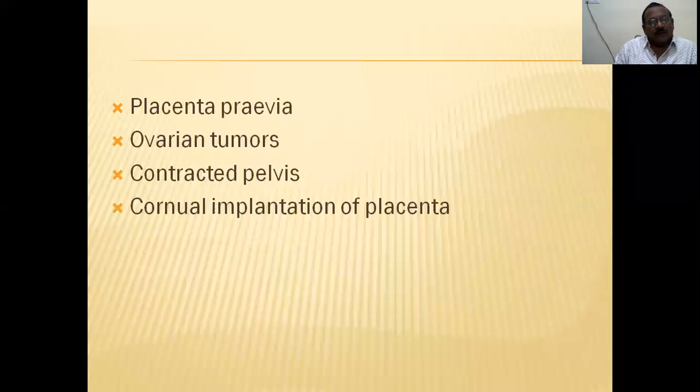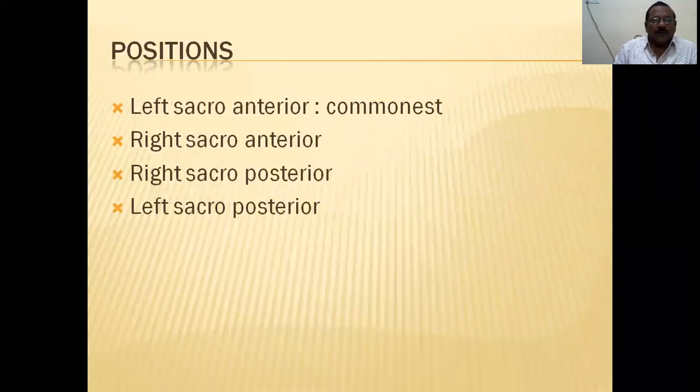Other causes are placenta previa, where the placenta lies in the lower uterine segment, associated ovarian tumors with pregnancy, contracted pelvis, and cornual implantation of the placenta. The positions, as I said, left sacroanterior is the commonest, then right sacroanterior, right sacroposterior, then left sacroposterior in order of frequency.